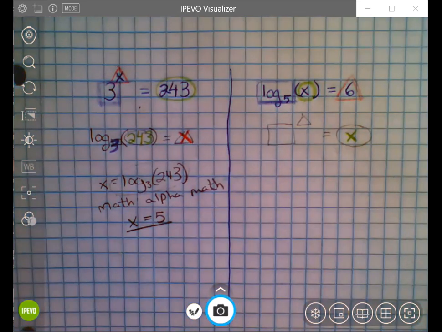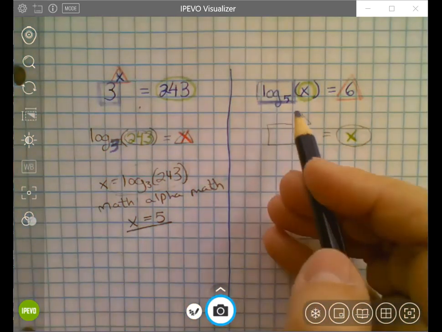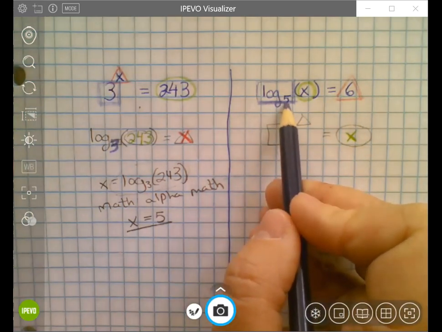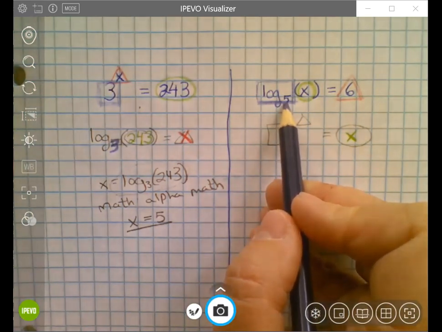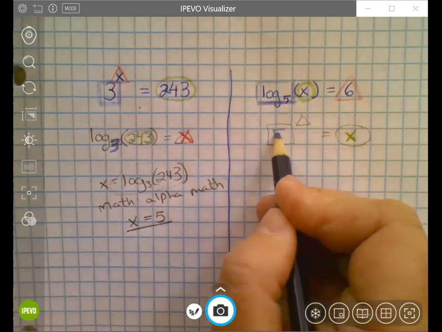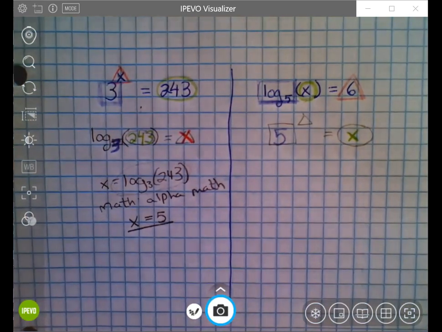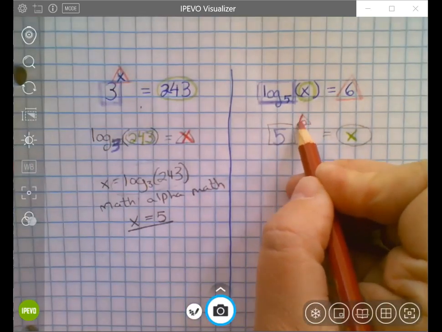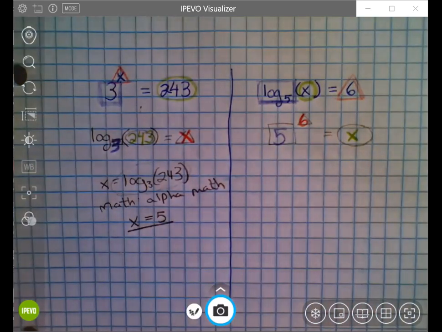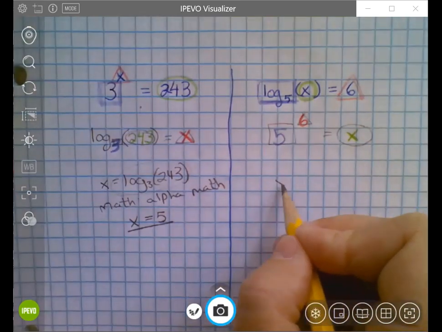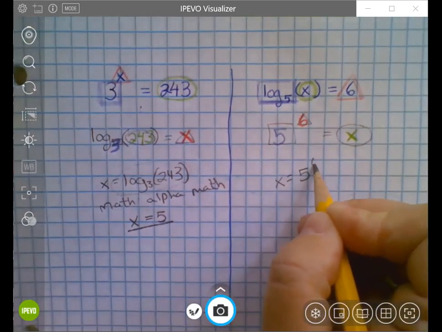And when you rewrite that, that comes out on its own. So we have an x over here. The base of the logarithm is the base of the exponential expression as well. So we're going to have 5 raised to a power. And the power that's raised to is 6. So to find x, all we have to do is type into any calculator or even Google, x equals 5 to the 6.